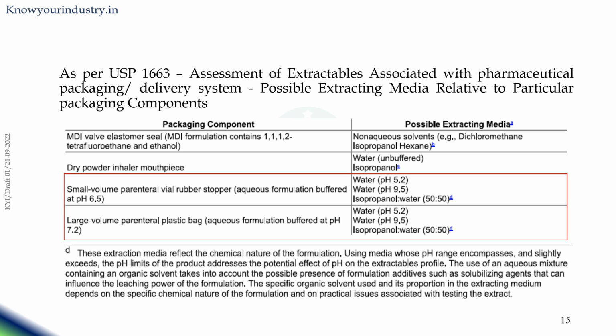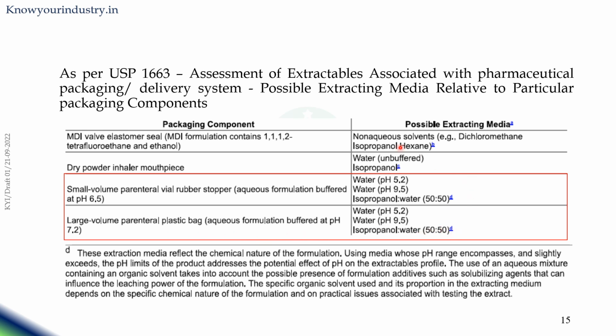And here is an example: USP 1663 talks about the assessment of extractables associated with pharmaceutical packaging and delivery systems for different products. That includes small volume parenterals, where you can use extraction solvents like water with different pH and isopropanol-water, and in the case of large volume parenterals, what you have to use.